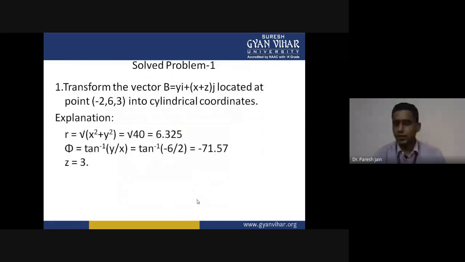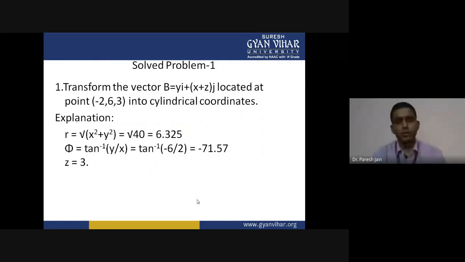Now we have a solved problem related to the transformation of a vector located at a point into the cylindrical coordinate system. How the vector or the point is converted into the cylindrical coordinate system.